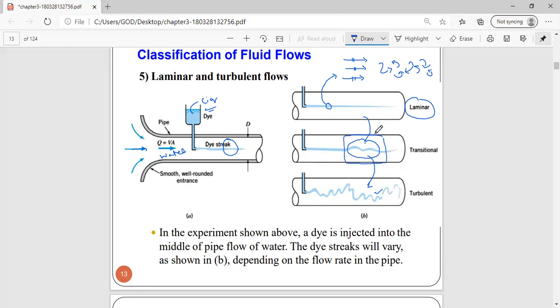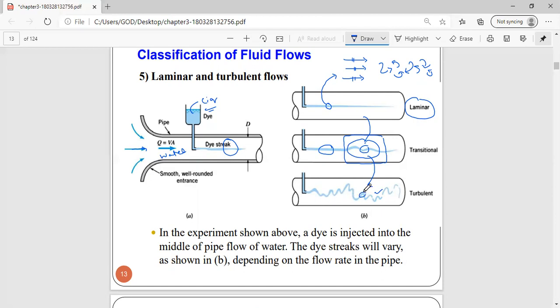But you may ask a question, sir, sometimes this flow looks like laminar, but if we closely observe, it looks like turbulent or transition.